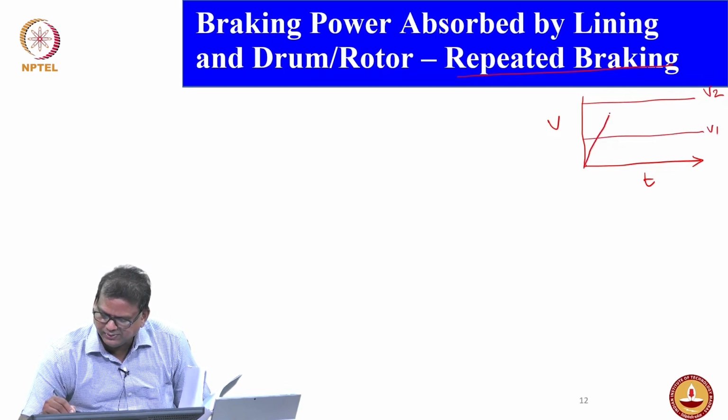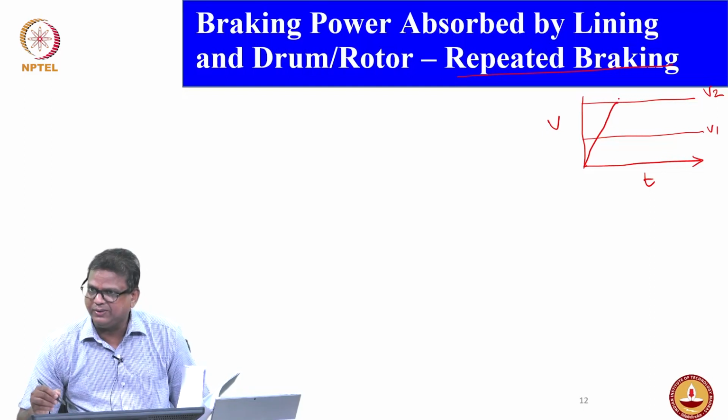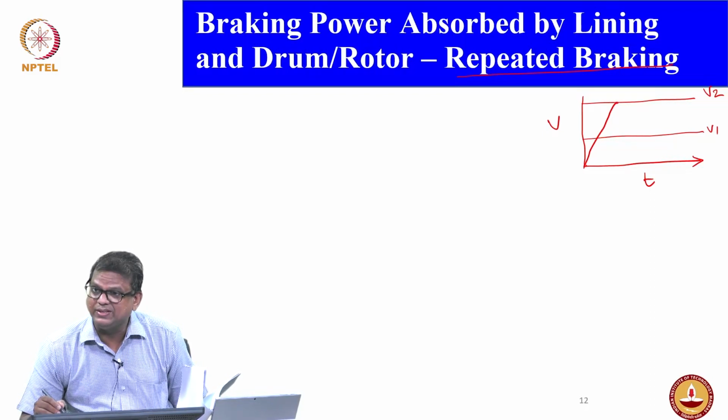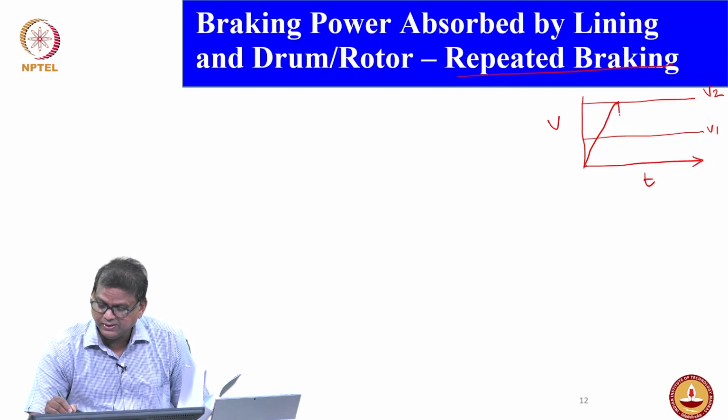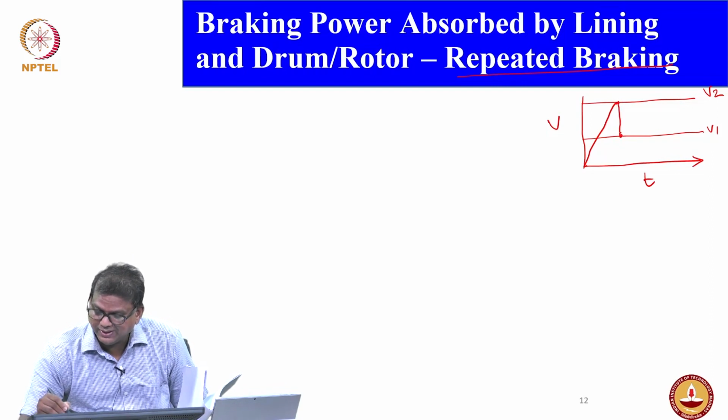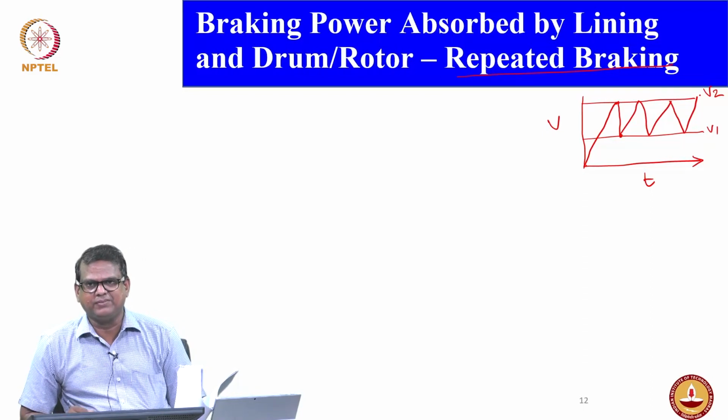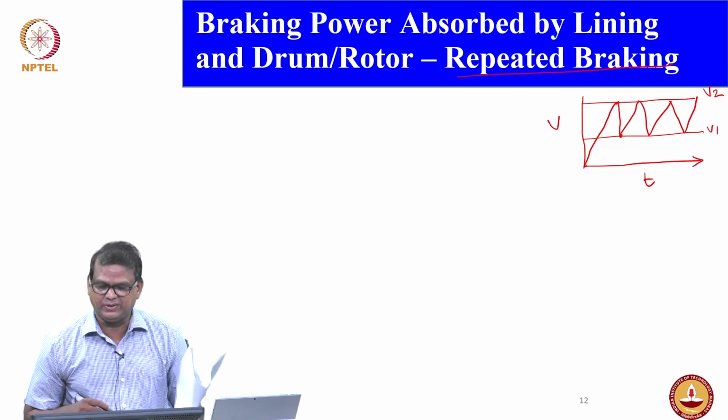So, you accelerate to a particular speed, apply the brake, bring the velocity down to a lower velocity, then again accelerate, decelerate, accelerate and decelerate. This phenomenon is called repeated braking.